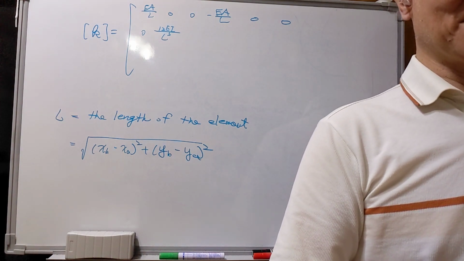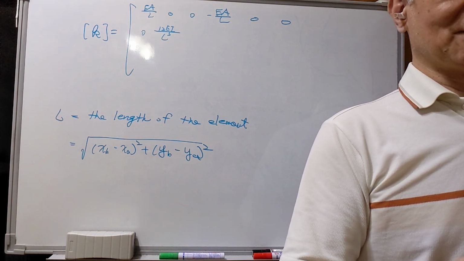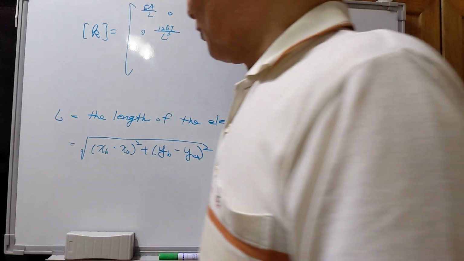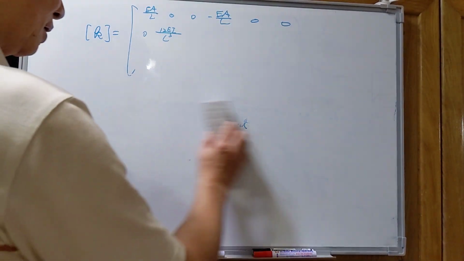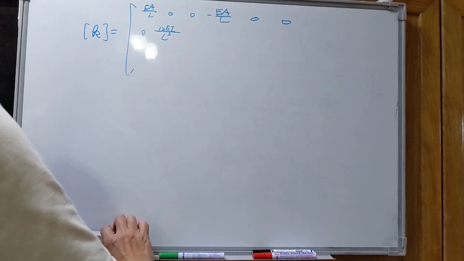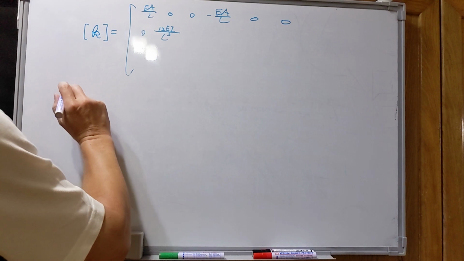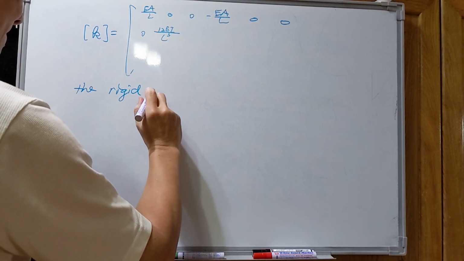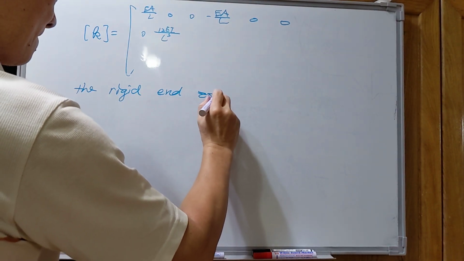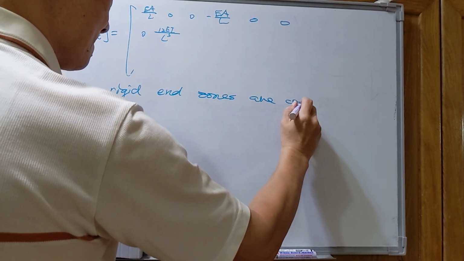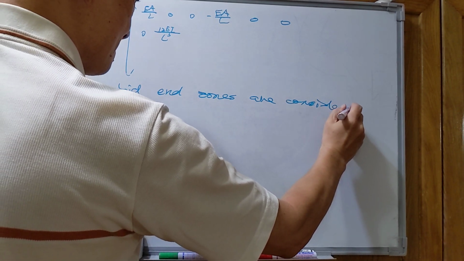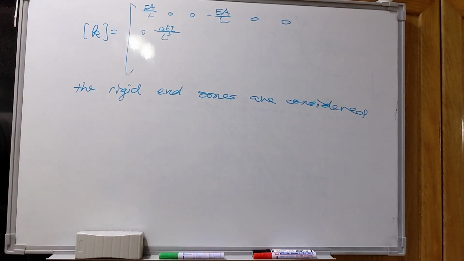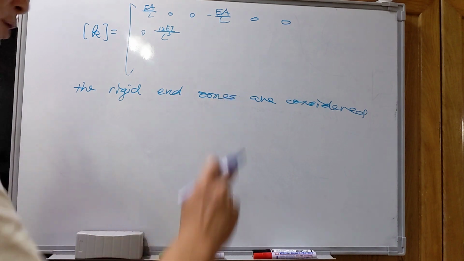Actually, they have much larger moment of inertia and much larger sectional area, and we didn't consider these. Now, right now we try to consider the two end zones. They are the so-called rigid end zones.